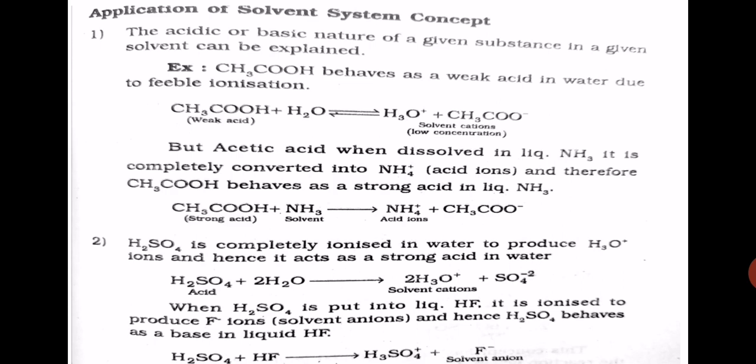See below: acetic acid, that is a strong acid, plus NH3 solvent, gives us the NH4+ ion, that is the acid ion, along with CH3COO-, acetate.